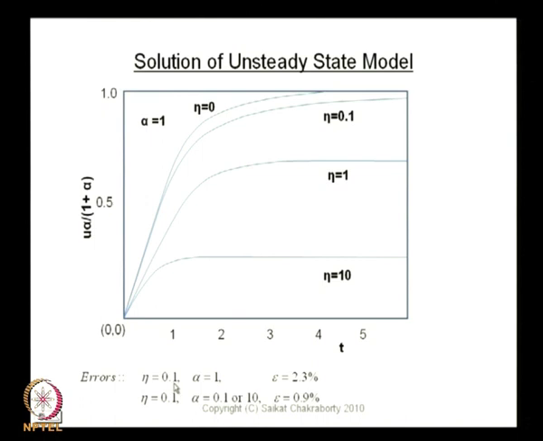But here I think this is a small typo. Errors basically means deviation. These are not errors, these are deviations. As you look at the bottom of the screen, I think this is a typo. The typo is that for eta equals 0.01, the deviation is 1%, and for eta equals 0.1, the deviation is around 3%.